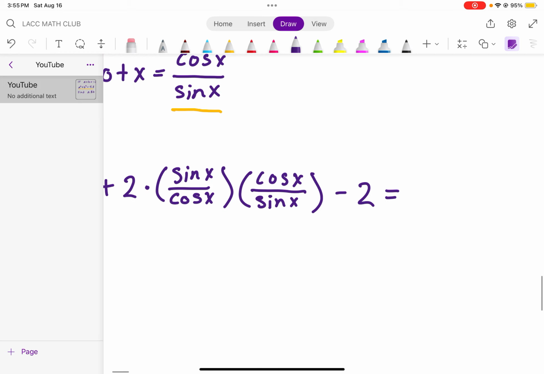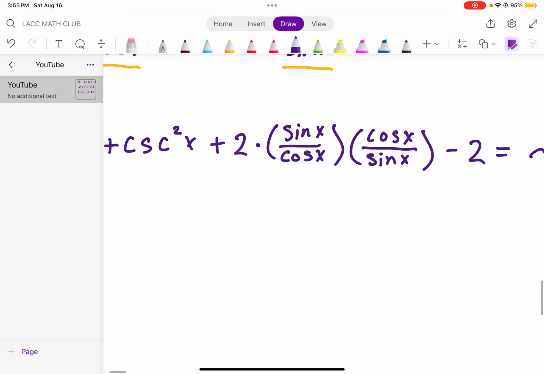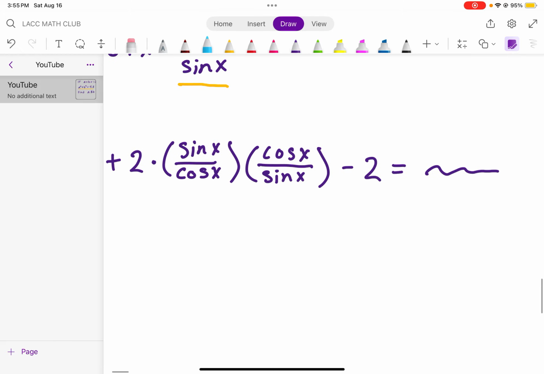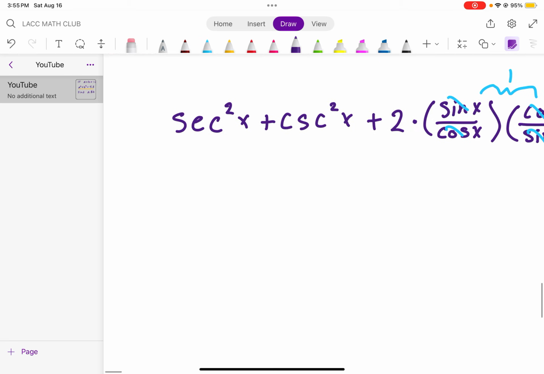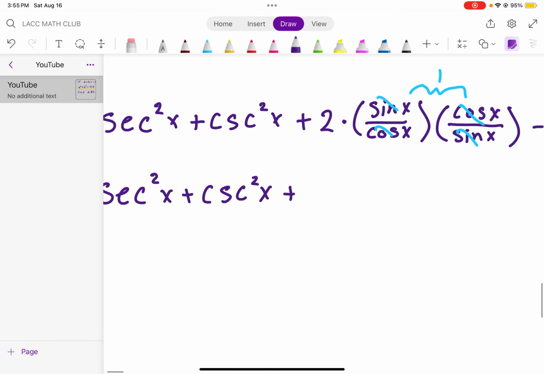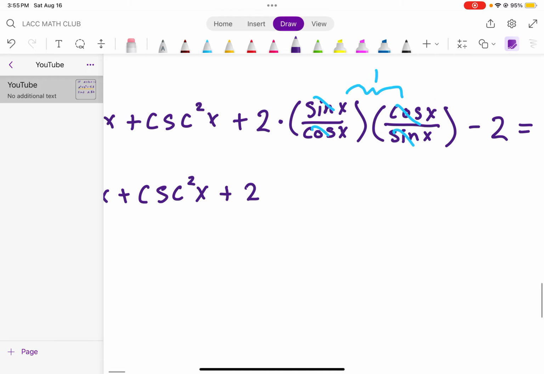And that's all equal to the right hand side. Now let's look here. Sine cancels with sine, cosine cancels with cosine. This really equals 1. So now we have secant squared plus cosecant squared plus 2 times 1, right? Minus 2, which is equal to the right hand side.